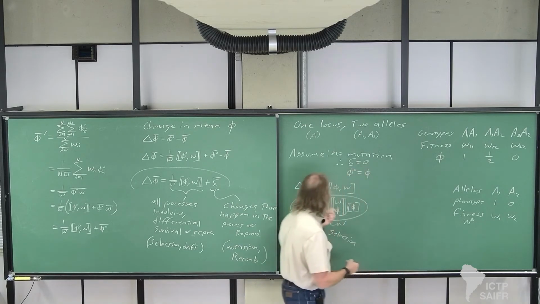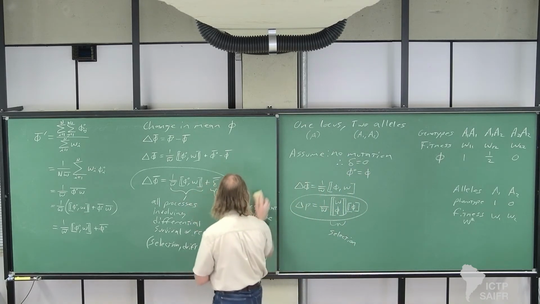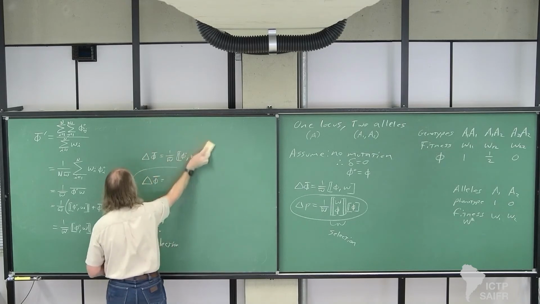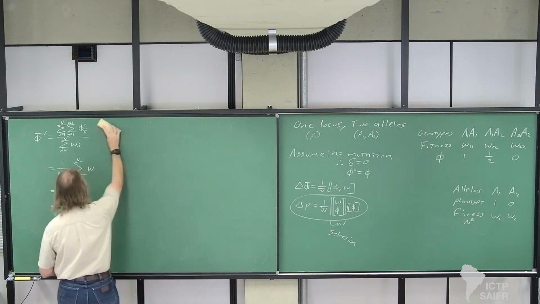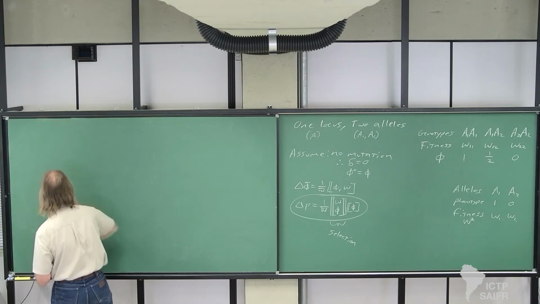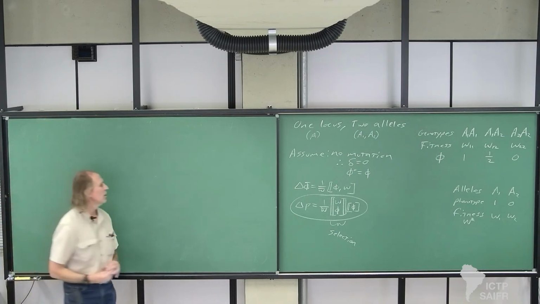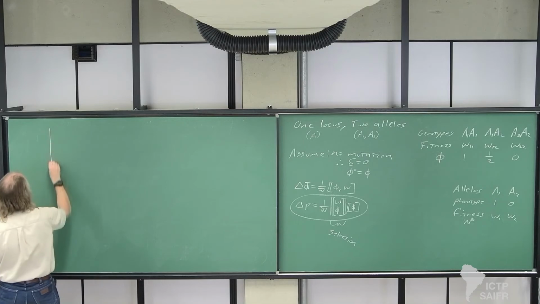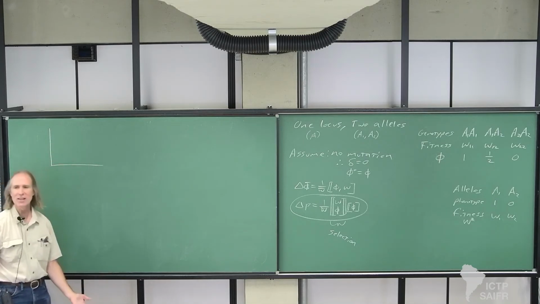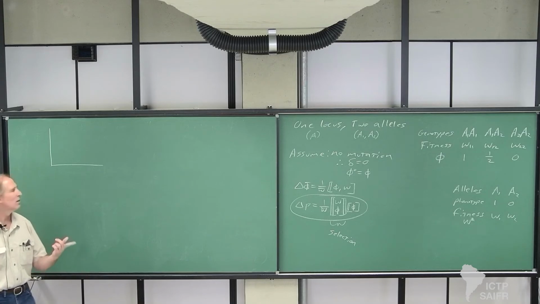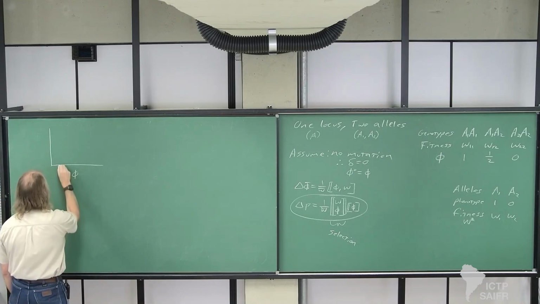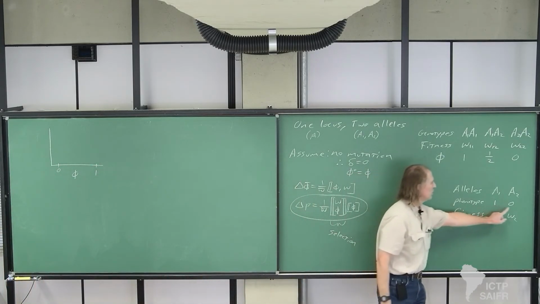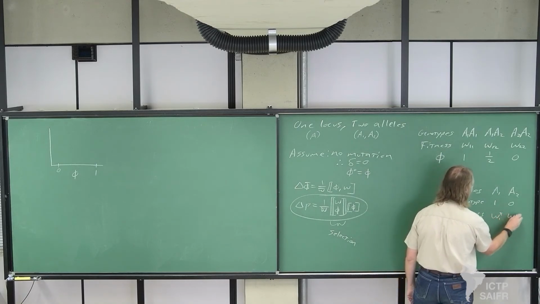So how do we apply this equation? I'm going to erase this side. It's easy when we think about it in terms of allelic types because there are only two. We've got a regression of fitness on phenotype. How are we going to calculate that? It might seem it'll be complicated, but it's not. So what's our phenotype? Phenotype is 0 or 1. The phenotype of an allele is 0 or 1.